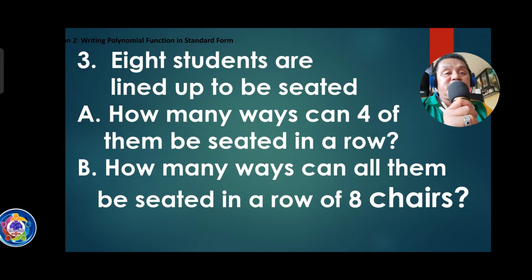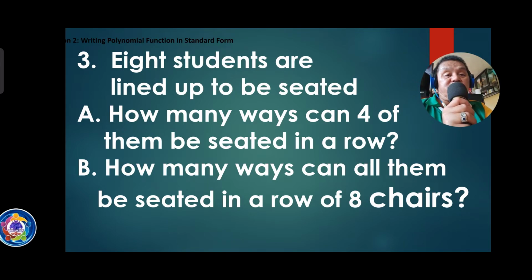8 students are lined up to be seated. Letter A: How many ways can 4 of them be seated in a row? Letter B: How many ways can all of them be seated in a row of 8 chairs?